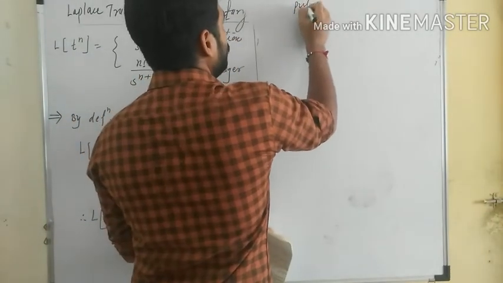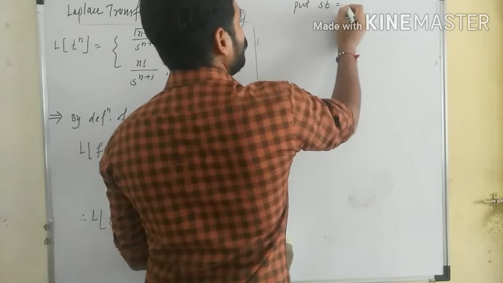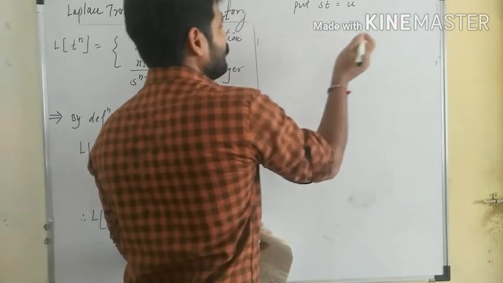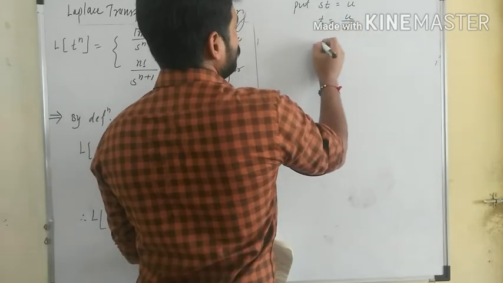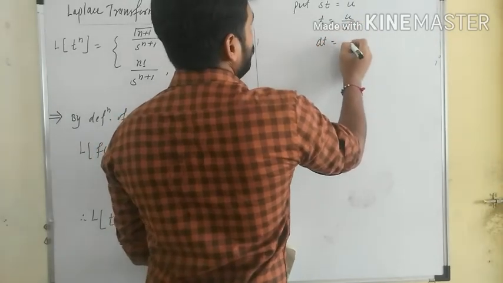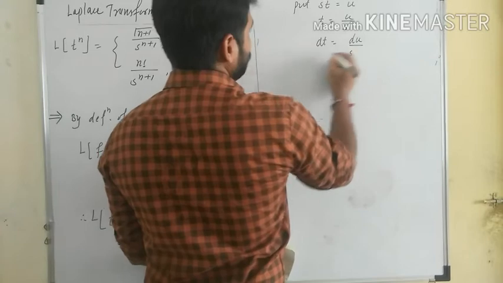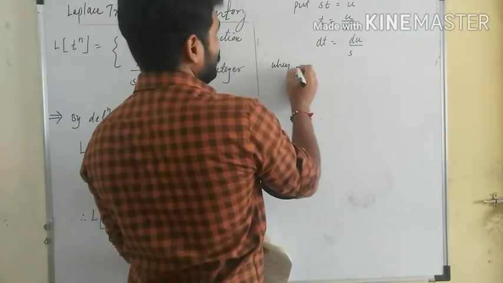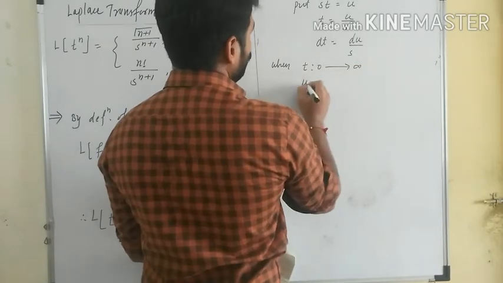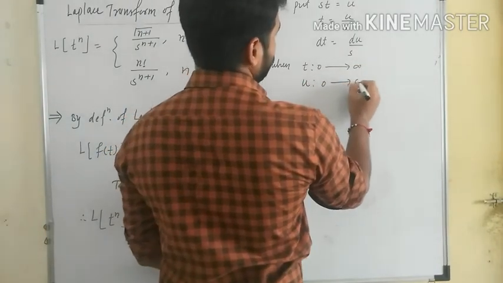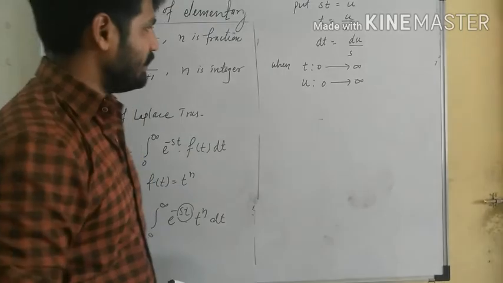So put st is equal to new variable, suppose u. So therefore t is equal to u upon s. So dt is equal to du upon s. Now check limits of integration. When t varies from 0 to infinity, u also varies from 0 to infinity. So there is no change in limits of integration.